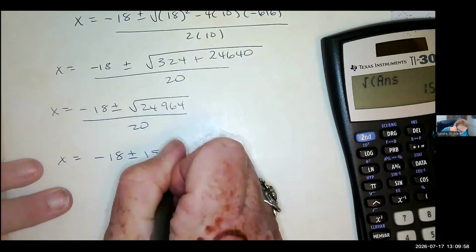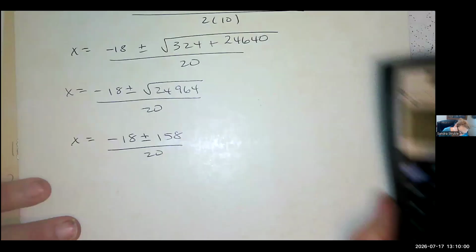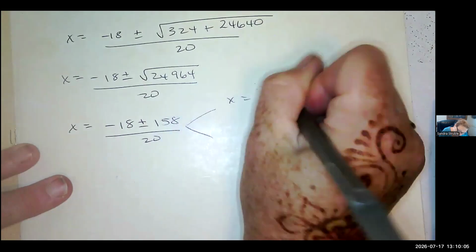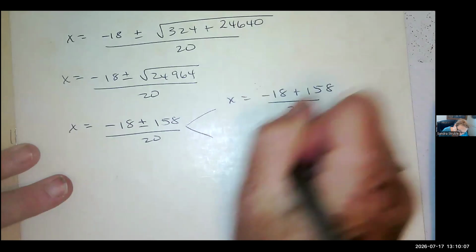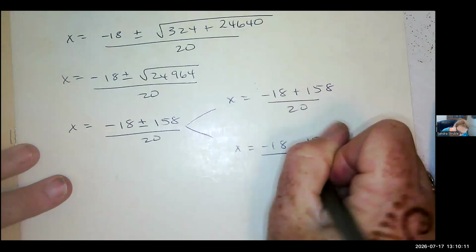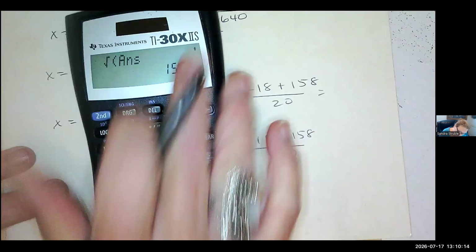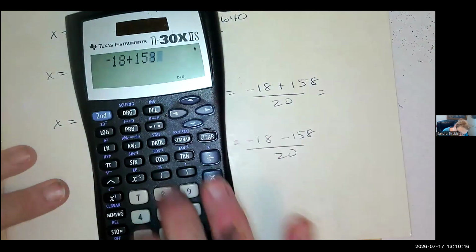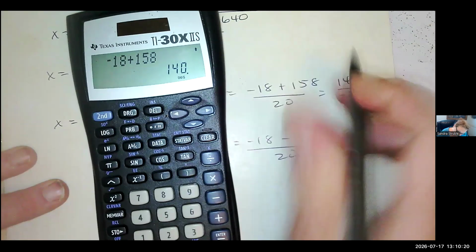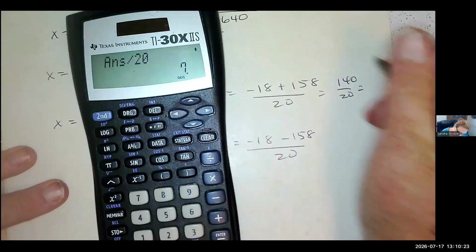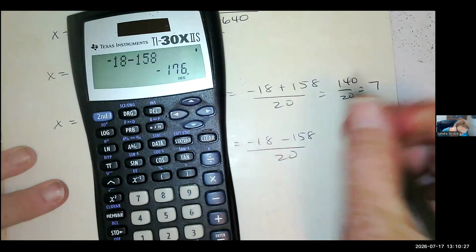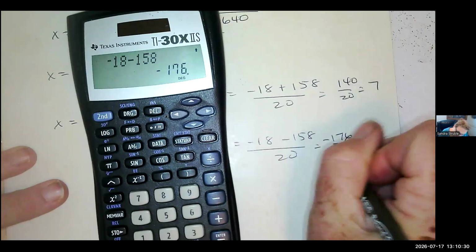All right, we need to break these apart. X equals negative 18 plus 158 over 20, and X equals negative 18 minus 158 over 20. Negative 18 plus 158 is 140 over 20, which is 7. Negative 18 minus 158 is negative 176 over 20, which is negative 8.8.